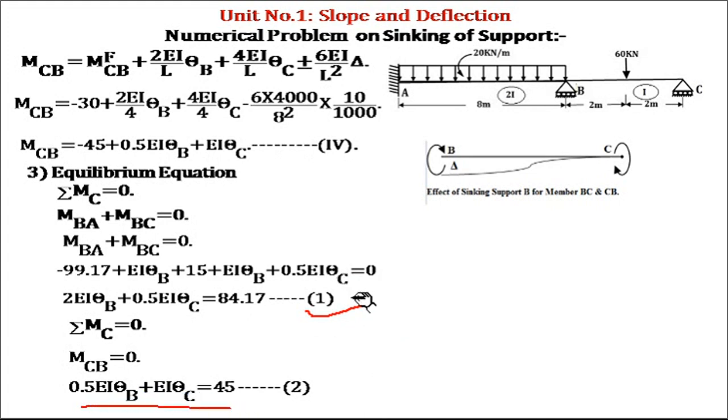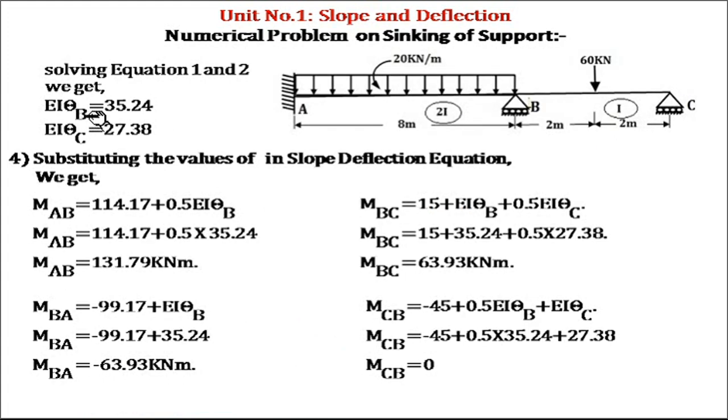Solving these two equilibrium equations 1 and 2, we get the value of EI theta B as 35.24 and EI theta C as 27.38. Now substituting the values of EI theta B and EI theta C in slope and deflection equations, we will get the moment in different members. So moment in member AB is plus 131.79, that is positive, that means it is acting in anti-clockwise direction.